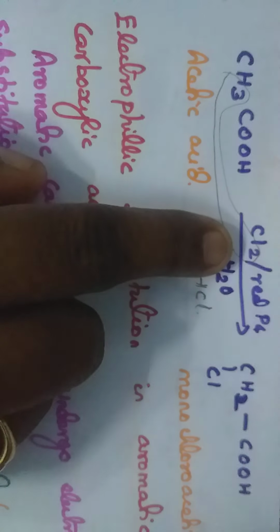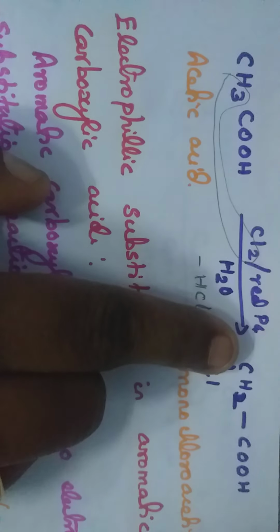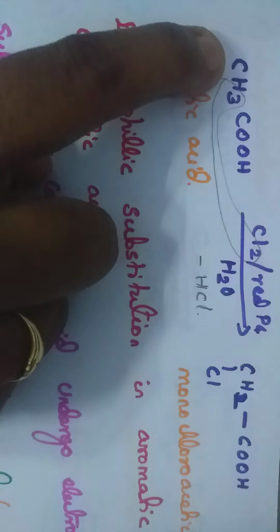And next we are going to see how the reaction takes place. The first one is acetic acid. Here we take acetic acid with halogen in the presence of red phosphorus. Only the alpha hydrogen reacts. This is the acid functional group, and the carbon next to the functional group carries the alpha hydrogens.